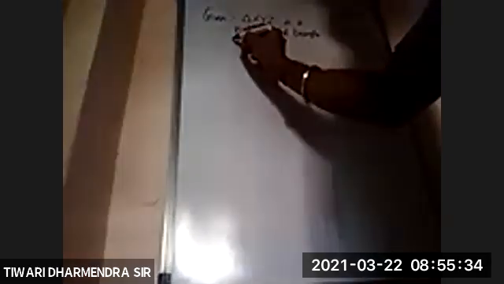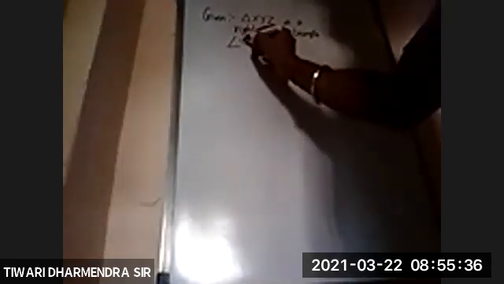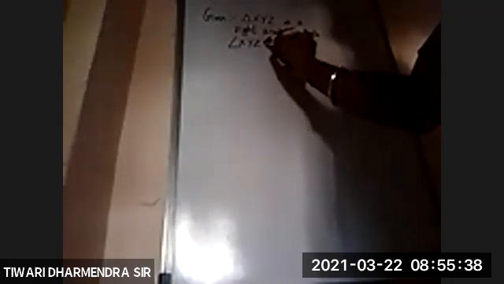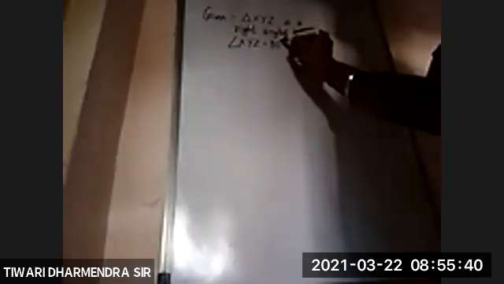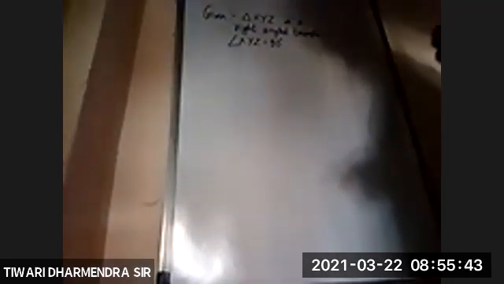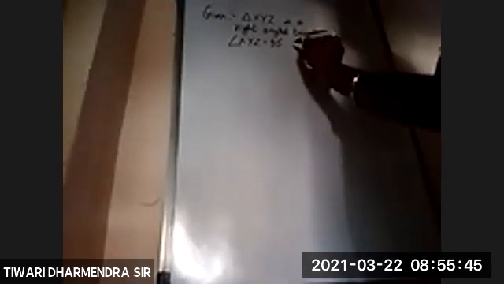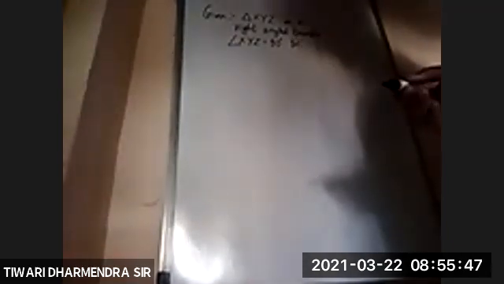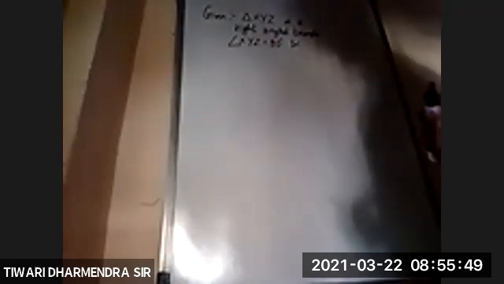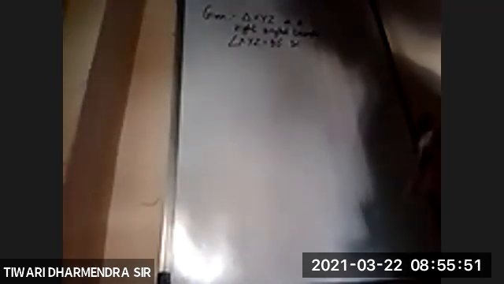Angle XYZ is equal to 90 degree. And they are saying a, b, c are the lengths of the sides as shown in the figure.